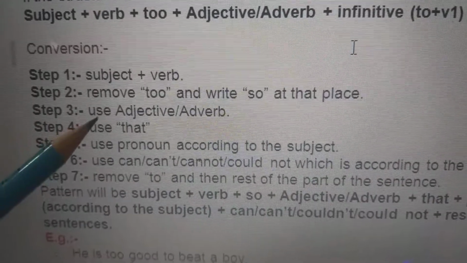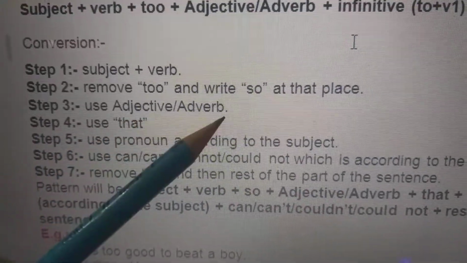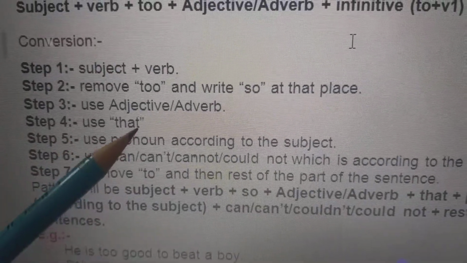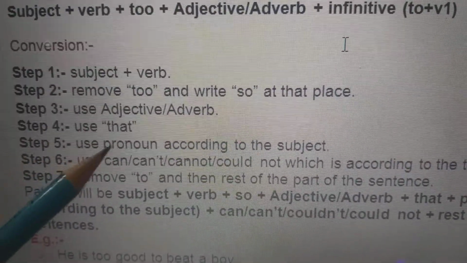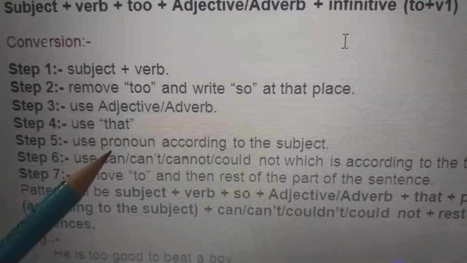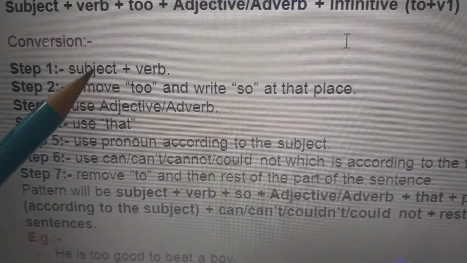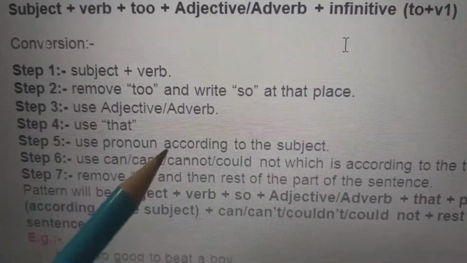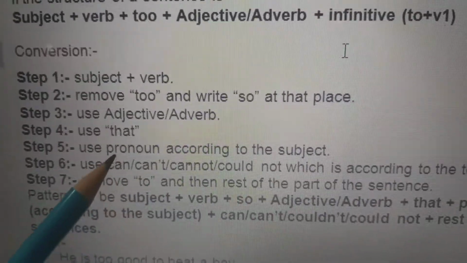Then step 3 is we use adjective or an adverb. In step 4 we use "that". Step 5 we use pronoun according to the subject. Pronoun means if the subject is he or she, they, it, us, they are all pronouns.